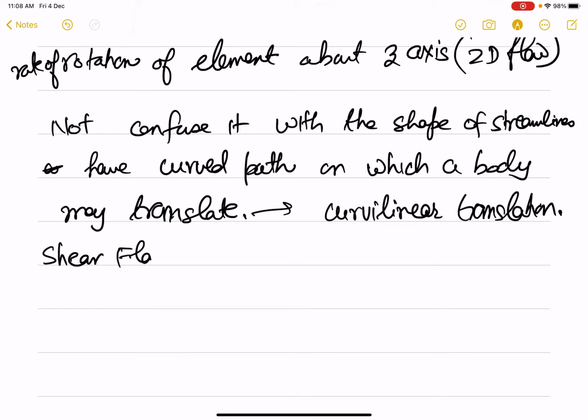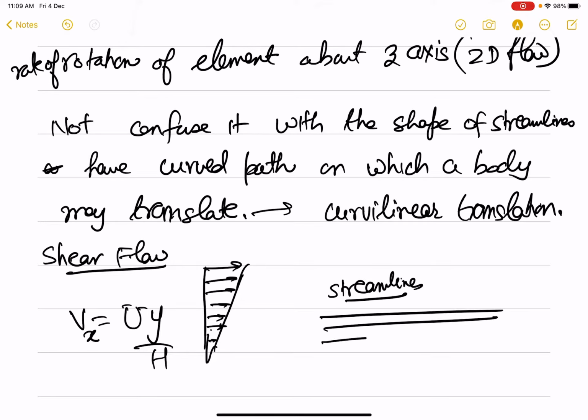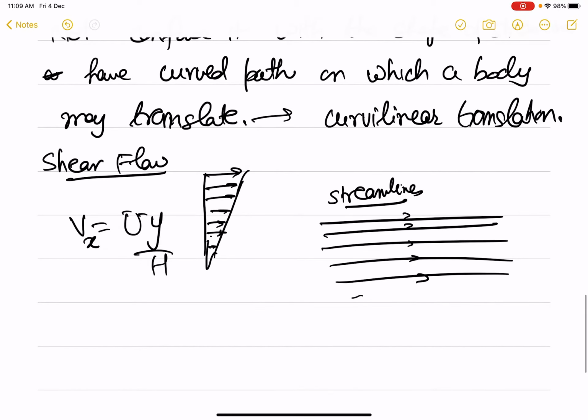First, let us look at the shear flow, which we have seen, the Couette flow, where the velocity profile is like this. So this is the Couette flow. Velocity is equal to capital U y by h. This is what we had seen. Now here, if we look at the streamlines, since there is only an x component of velocity, the streamlines will all be straight lines in this flow.